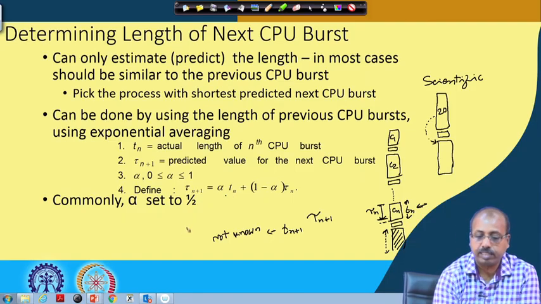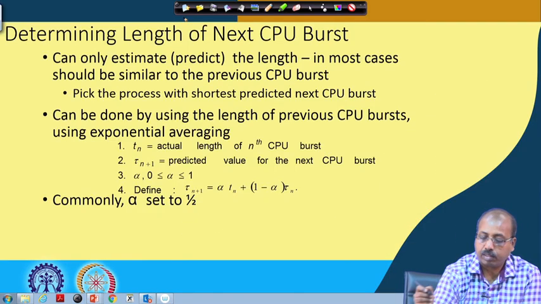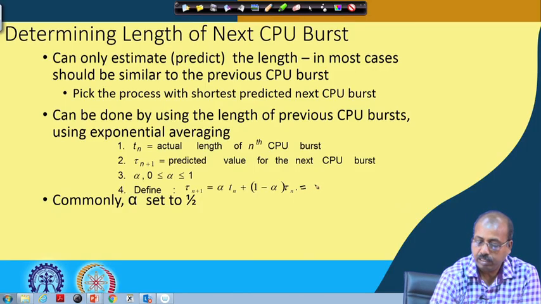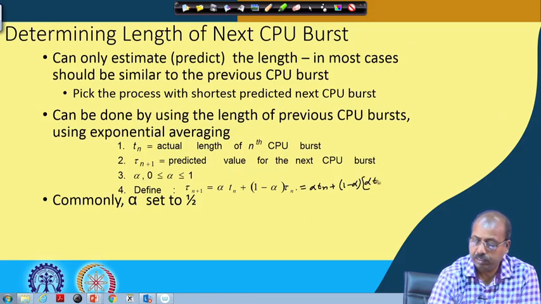If you expand this expression, you can see alpha times T n plus 1 minus alpha into alpha times T n minus 1 plus 1 minus alpha times tau n minus 1. So, this is alpha times T n plus alpha into 1 minus alpha times T n minus 1 plus 1 minus alpha square into tau n minus 1.